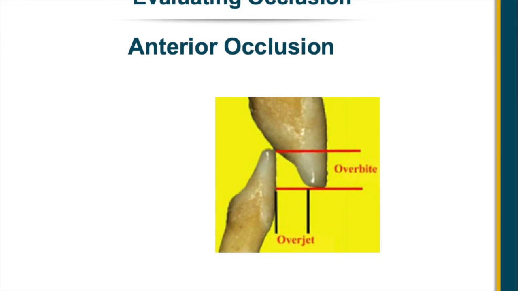So, anterior occlusion. This would be like tooth number 8 or 9, and this would be tooth number 24 or 25. And we're looking from the side, as if we cut the person's face in half. The top tooth overlapping the bottom tooth, that's overbite, and how far it goes out in front of it is what we call overjet.